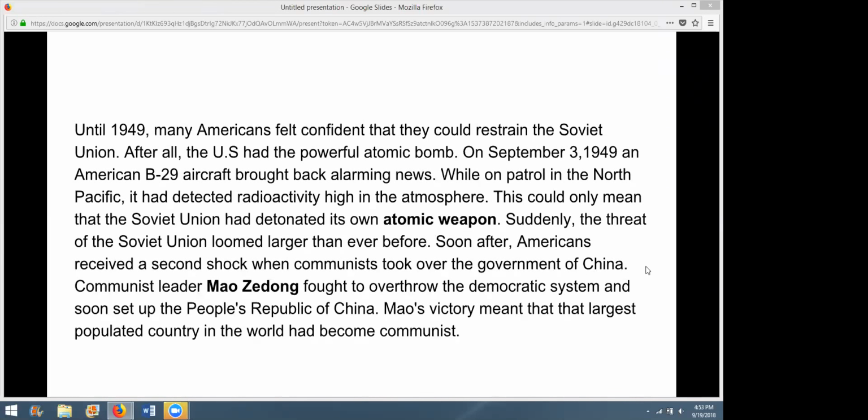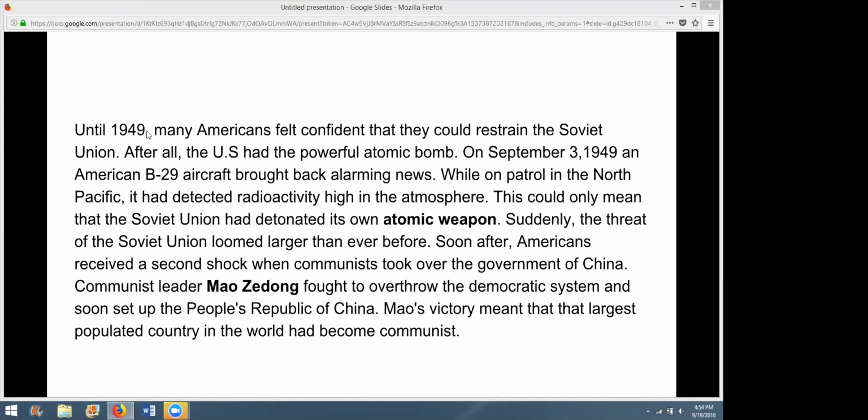Looking at this reading, there's a lot of dates, two dates in particular. 1949 is an important date because in 1949 there was a lot that happened. It was really called the 1949 scare.